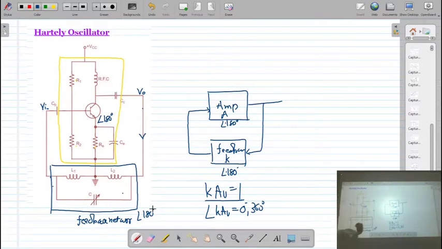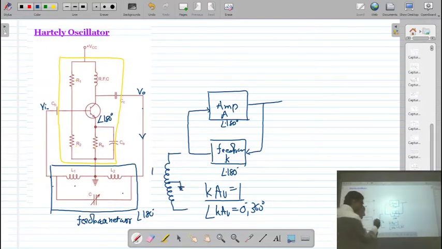Now how is this network going to introduce 180 degrees? If you look at this L1 and L2, they are nothing but part of an auto transformer. If you remember, in the case of the rectifier circuit, we have a center tap transformer like this, correct?